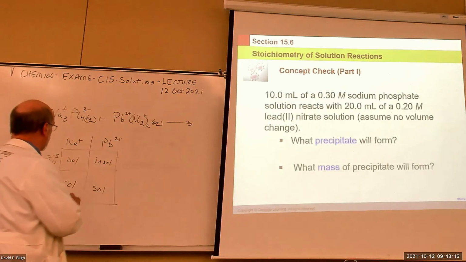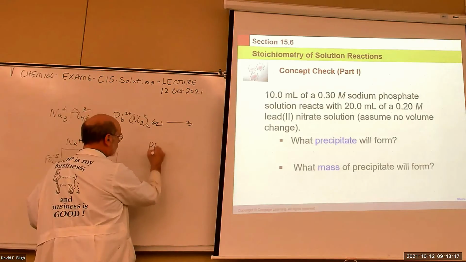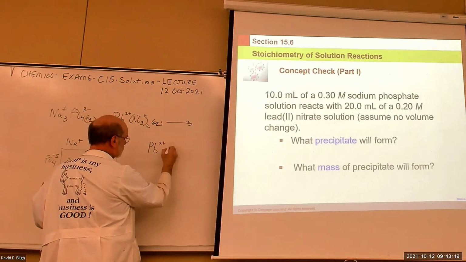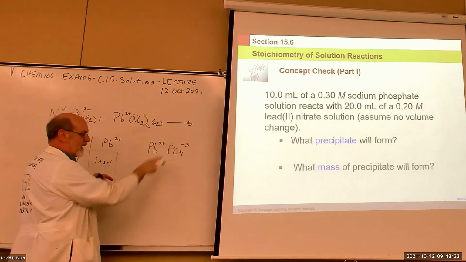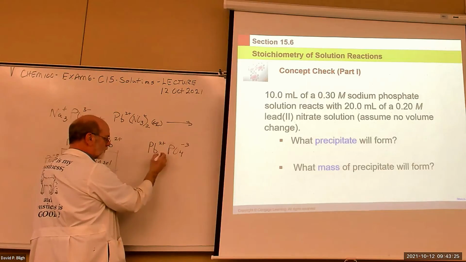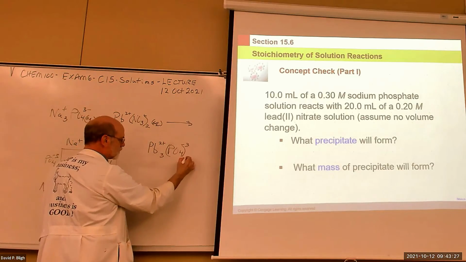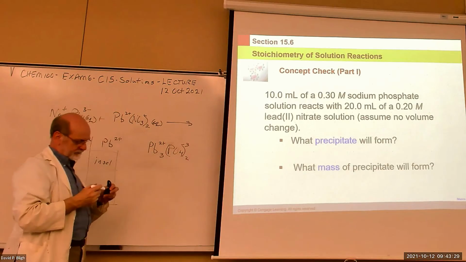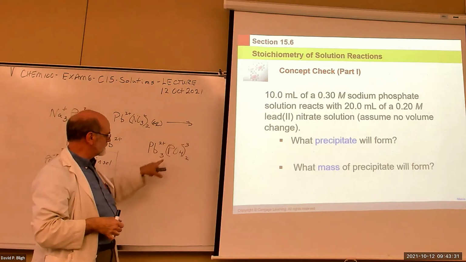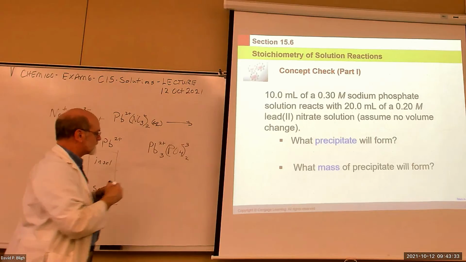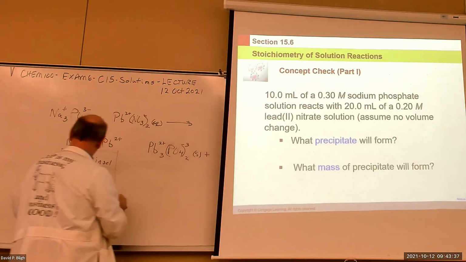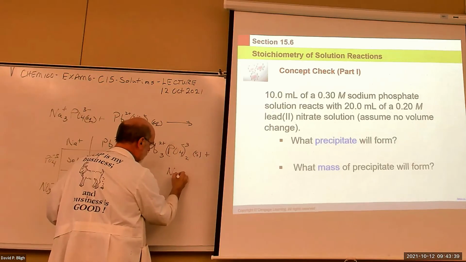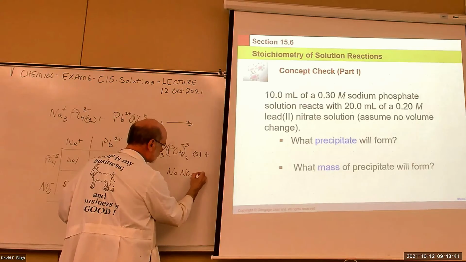The precipitate that forms is lead phosphate, lead 2 plus phosphate. So in order to balance that, we need a 3 over here and a 2 over there. And that'll give you 6 minuses and 6 pluses. So this is the solid that forms. And the sodium nitrate is still in solution.